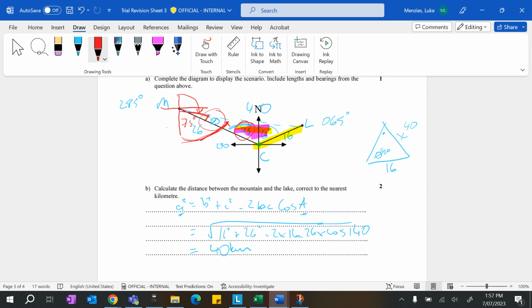And when we're thinking sine rule, and I was just drawing this before over here, we've got to have matching pairs. You need an angle and its opposite side. So we just found this 140, and we found this 40 from our part B. And now I've got my 16, which is from over here, and I want this angle over here as well.